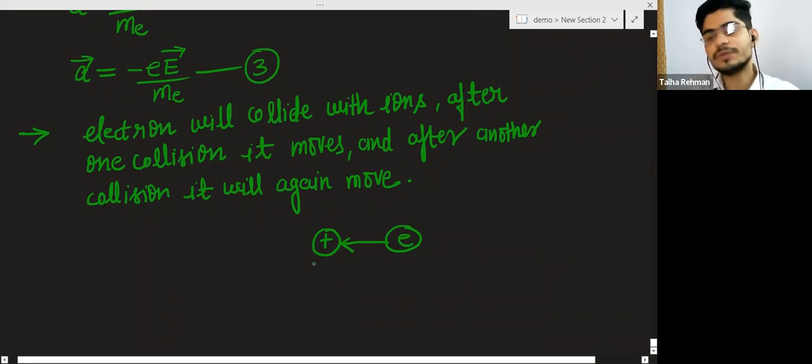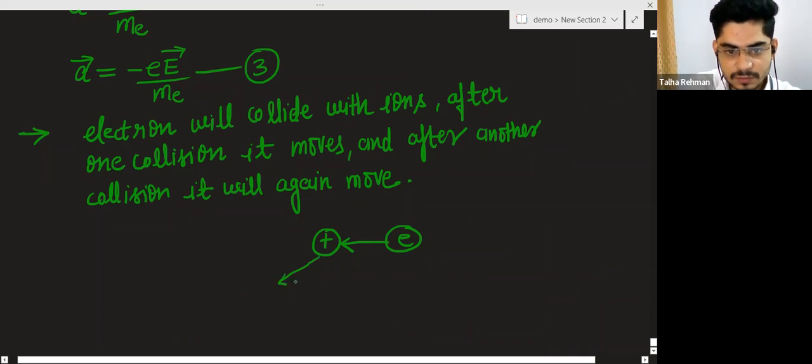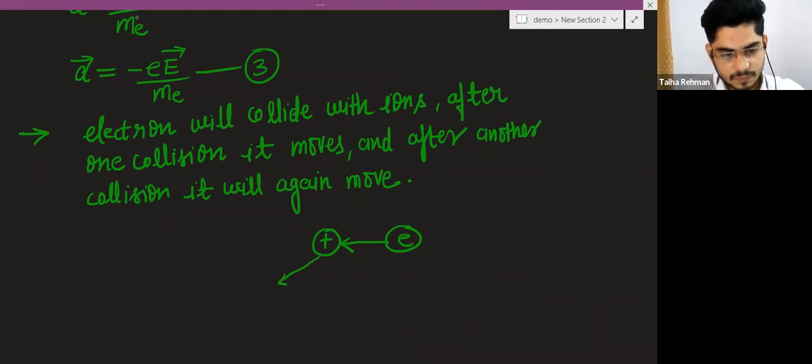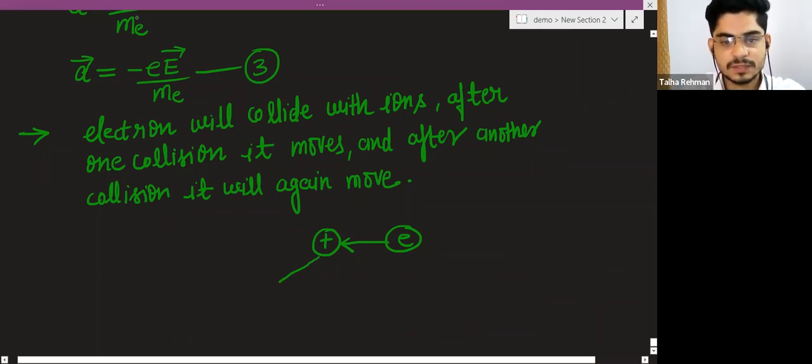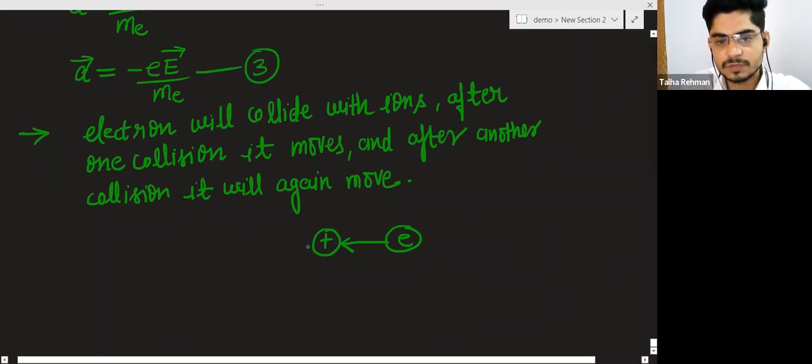The electron can move in any direction from here. So suppose after the collision, this electron is moving in this direction. I will not take this direction because there is a force and the force will try to move the electron in this direction.